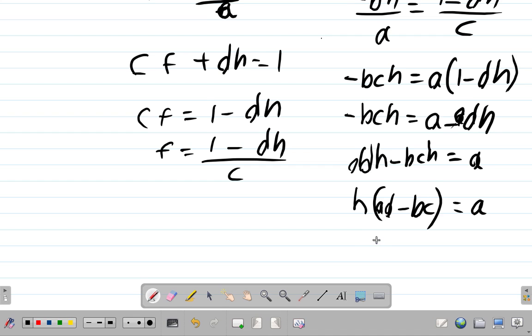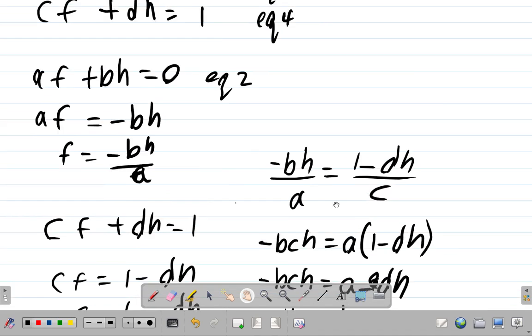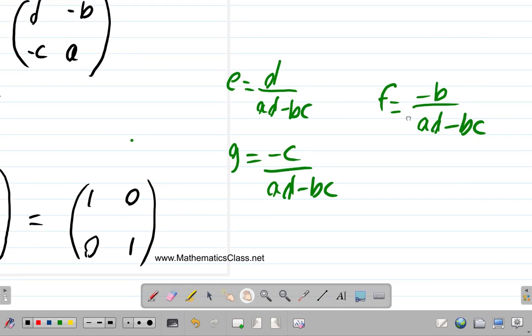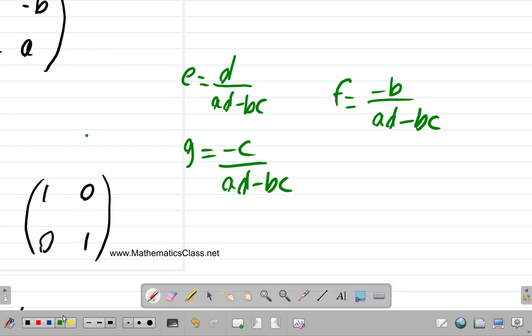So now, we divide both sides by AD minus BC and we get A over AD minus BC. That's H is equal to A divided by AD minus BC. So H is A over the determinant. H is equal to A divided by AD minus BC.